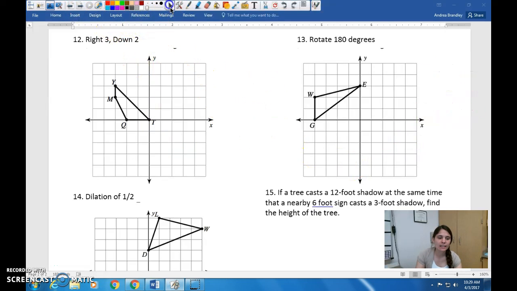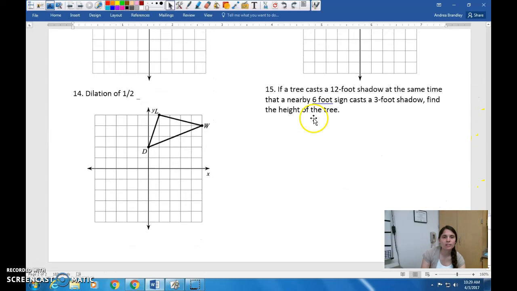14 is a dilation. So again, I think it's easier to list the points. So I have L is at 1, 5, D is at 0, 2, and W is at 5, 4. Now dilation, you just need to multiply by your scale factor.